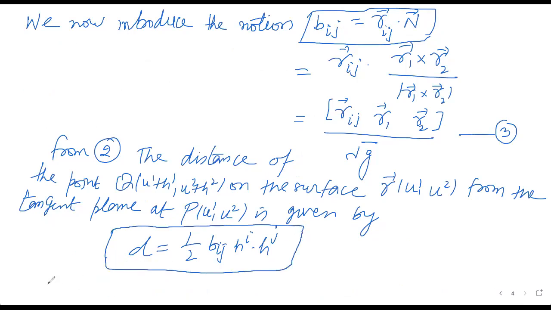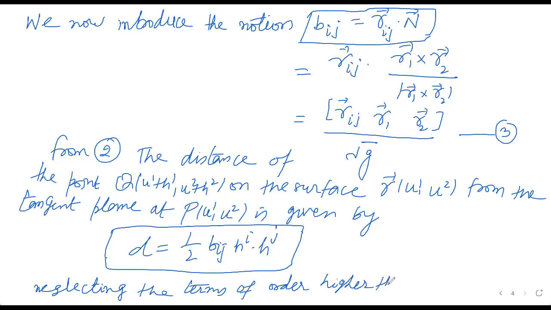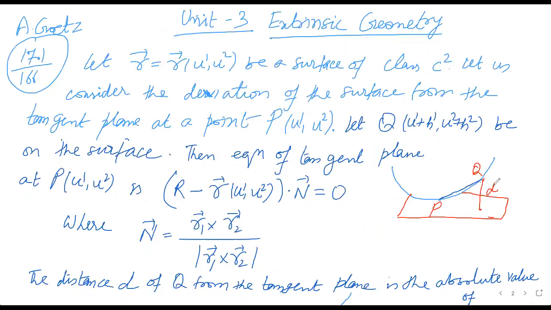Neglecting the terms of order higher than 2 in H1 square. We can neglect these terms because when H1, H2 are sufficiently close to P, they will be very small quantities.